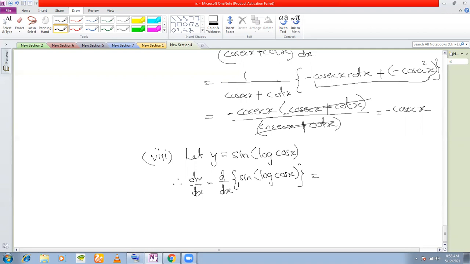So first you have the sine function. You differentiate this sine to get cos of log cos x. And then you differentiate what is within the sine. What do you have within the sine? You have log cos x.